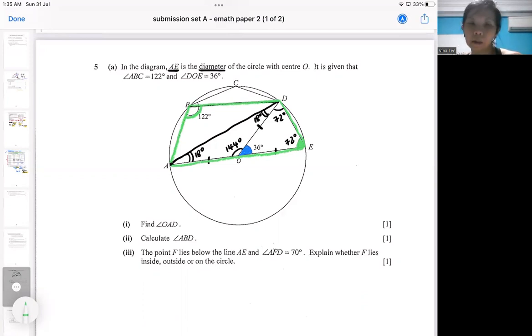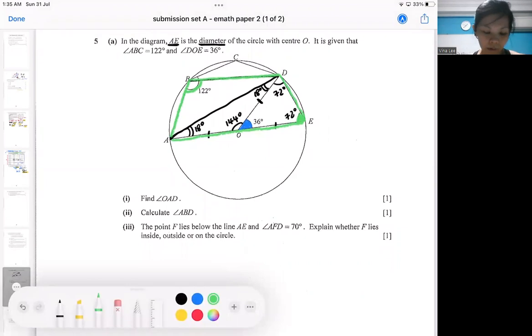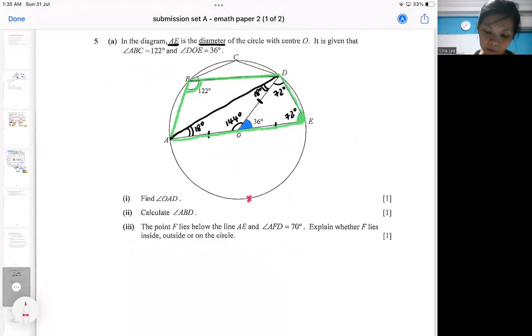Okay, so the next one, we need to find out where is the location of F. The issue is, will it be inside the circle, outside the circle, or on the circle? We are going to explore it by doing something like this first.